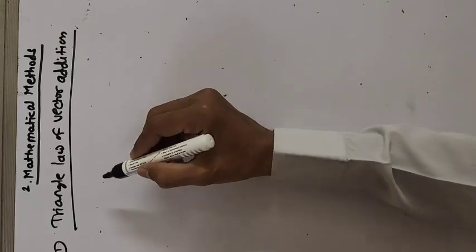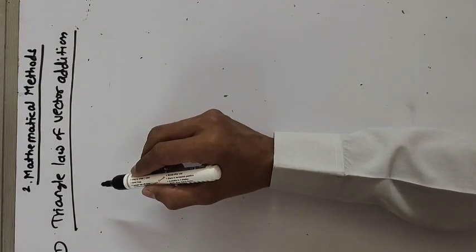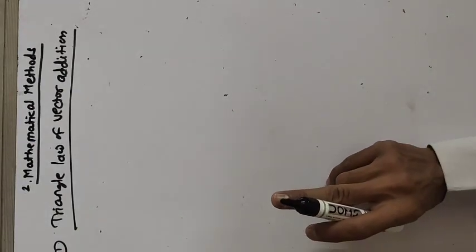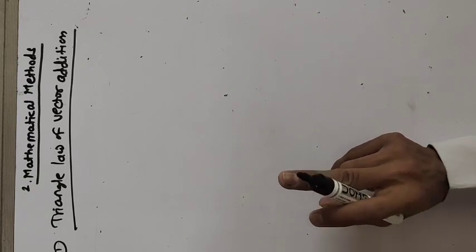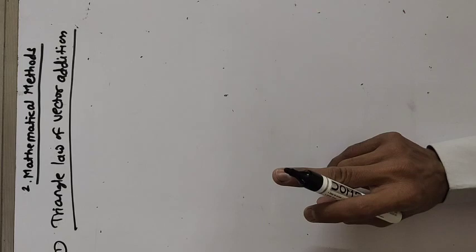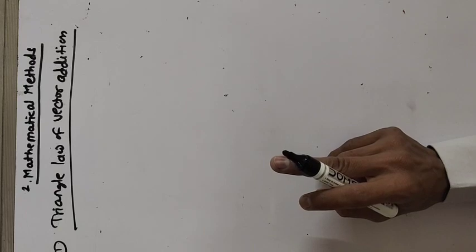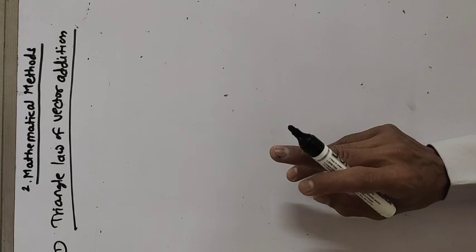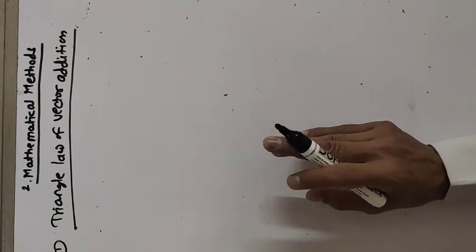If two vectors describing the same physical quantity are represented in magnitude and direction by two sides of a triangle taken in order, then their resultant is represented in magnitude and direction by the third side of the triangle drawn in opposite sense, that is starting from the starting point of the first vector to the end point of the second vector.